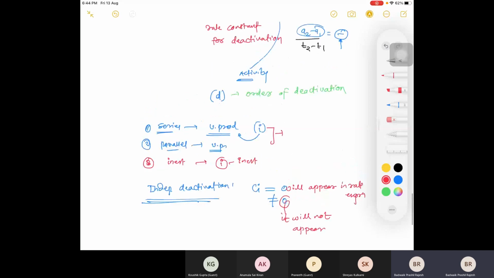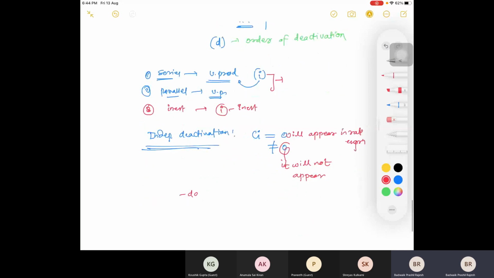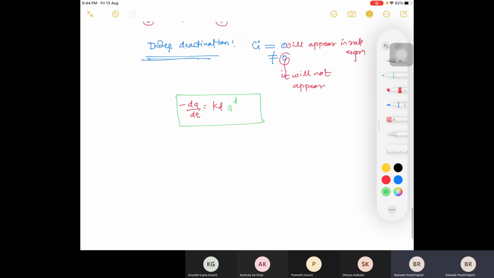So for independent deactivation, what is my dA by dt? It is KD into A power D. There will not be a concentration term. So this is what we are looking at.